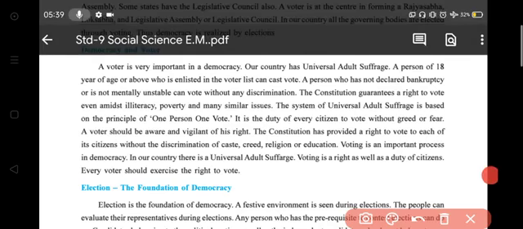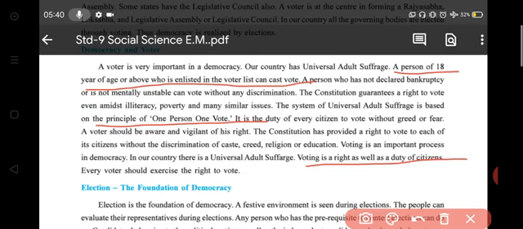Students, please underline the points. A person of 18 years of age or above, a principle of one person, one vote. Voting is a right as well as a duty of the citizen.